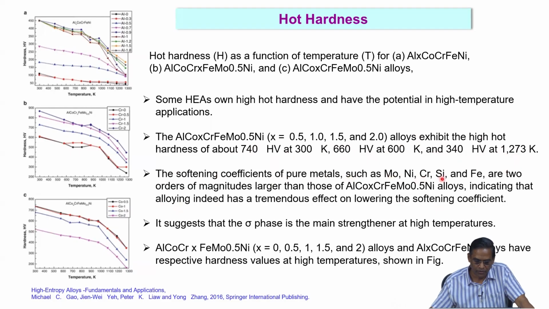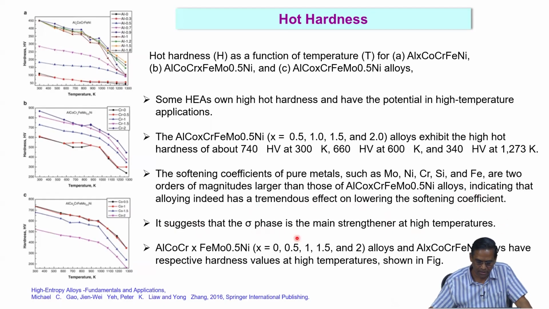The softening coefficients of pure metals such as molybdenum, nickel, chromium, niobium, silicon and iron are 2 orders of magnitude larger than those of high entropy alloys, indicating that alloying indeed has a tremendous effect on lowering the softening coefficient. So you are looking at the whole alloy versus individual elements, and you compare this, the softening coefficients are quite different.